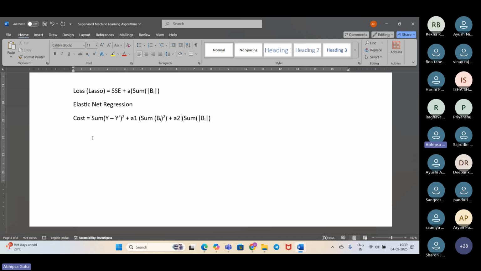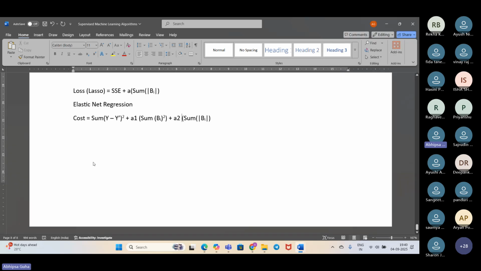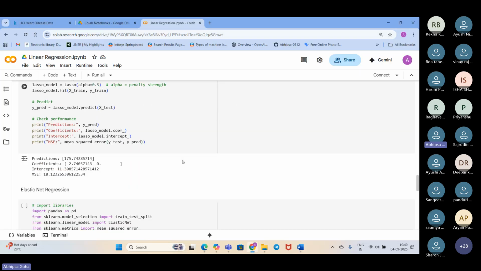It is more flexible than the other two because we can get both, and we can also prevent overfitting at the same time. We can also use it where we take feature selection into consideration. Okay, so let us go further and do the coding section for that.